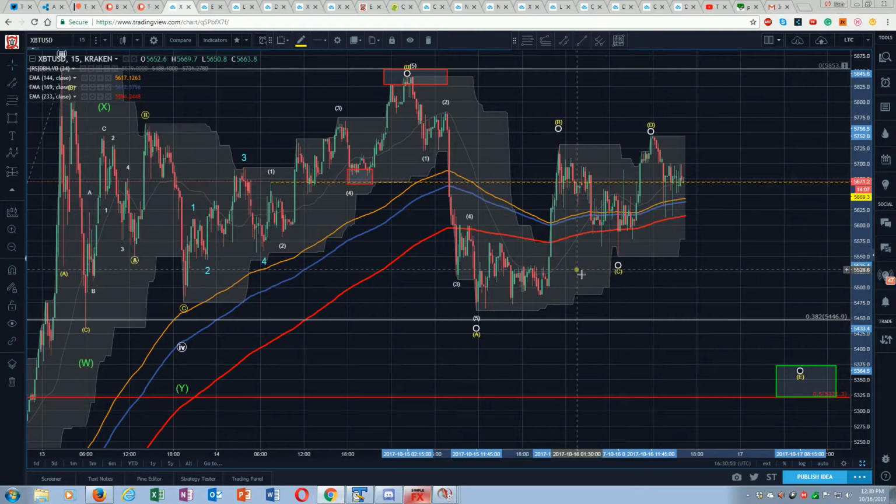These are very algo-driven moves where you're trying to fight against a computer, and this is what makes trading at a smaller time frame, whether in crypto or forex or futures, the shorter the time frame, the more difficult it is to trade.